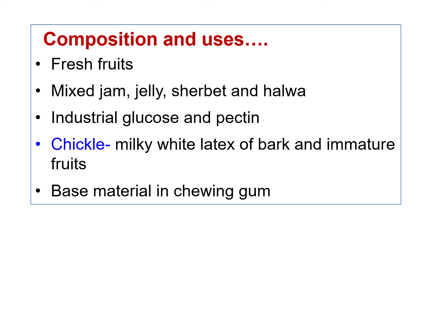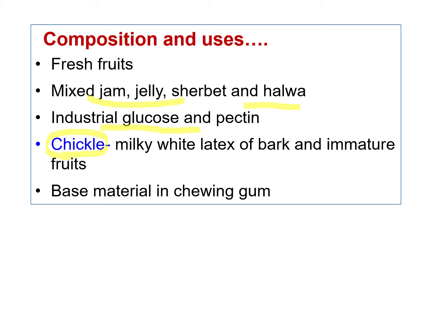Normally it is used as a fresh fruit, and it is also made into shake, jam, jelly, sherbet and halwa, and industrial glucose and pectin is extracted. Then another important use is the production of chicle.